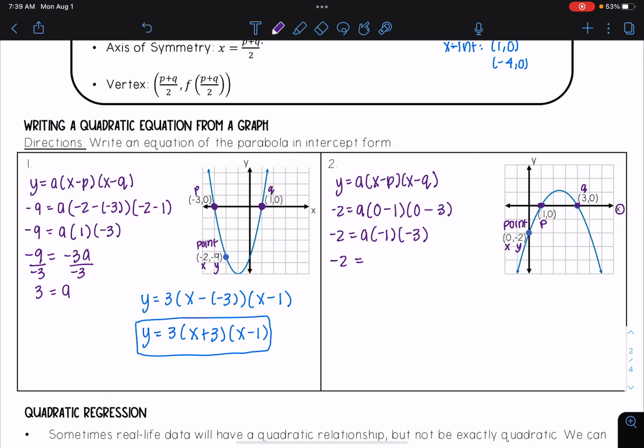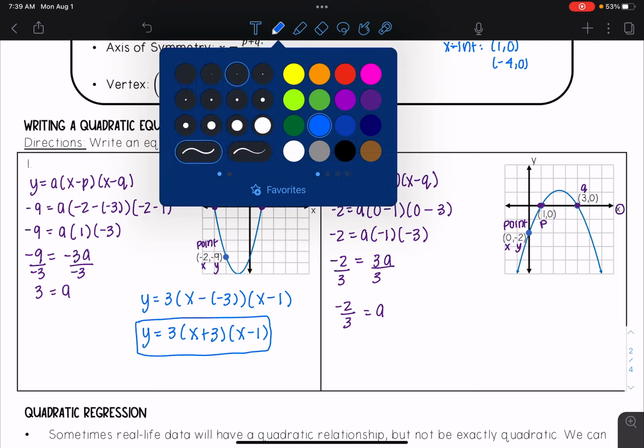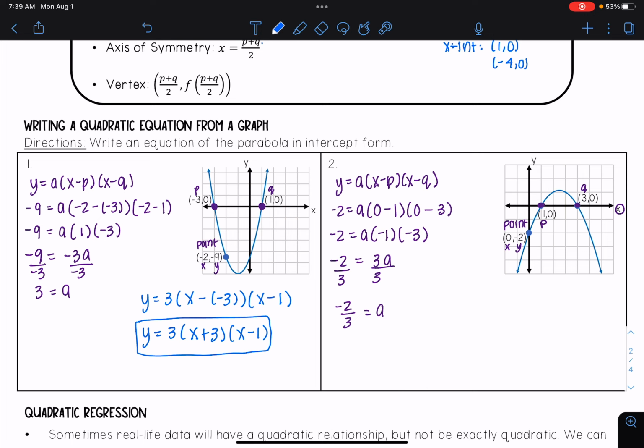And so I have -2 is equal to -1 times -3, which is positive 3a. And then divide both sides by 3. And so I get that -2/3 is equal to a. And so plugging that into my intercept form, I get that y is equal to a, which is -2/3, times x minus p, which is 1, times x minus q, which is 3.